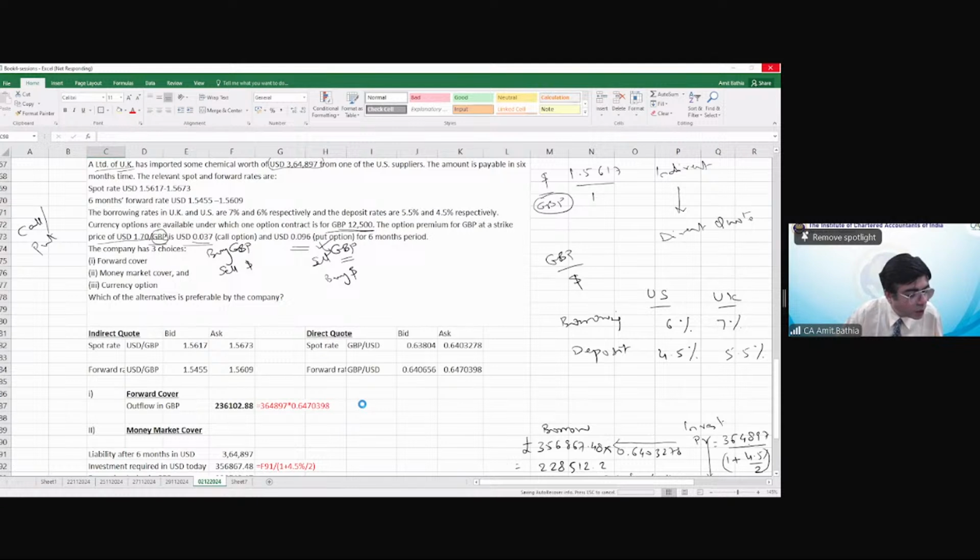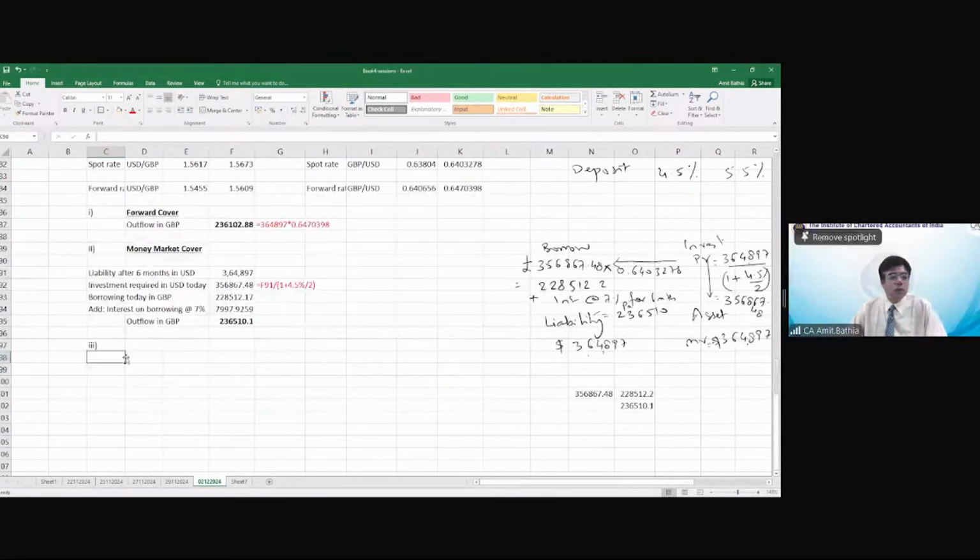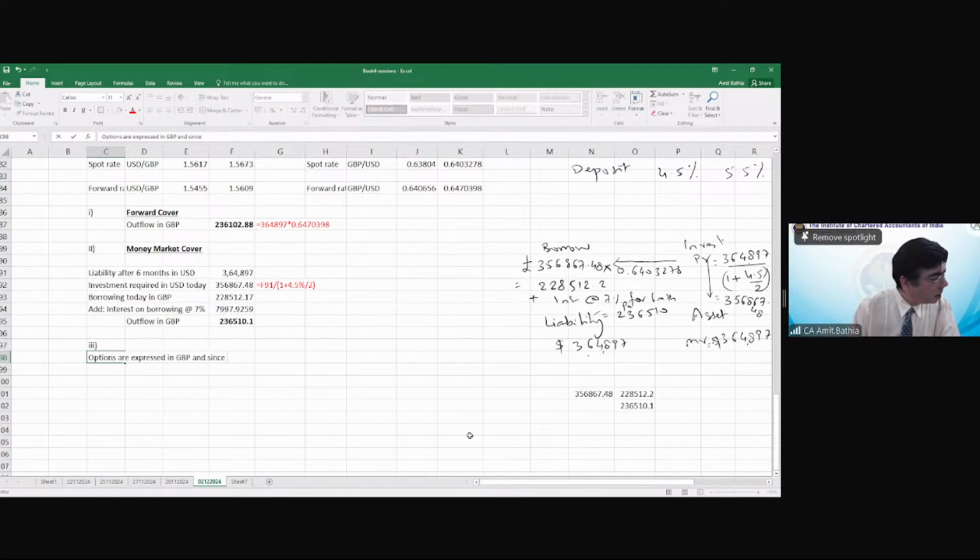So we are going to mention over here that first of all, what I need is a put option. Options are expressed in GBP, and since, what is the name of the company? A Limited.